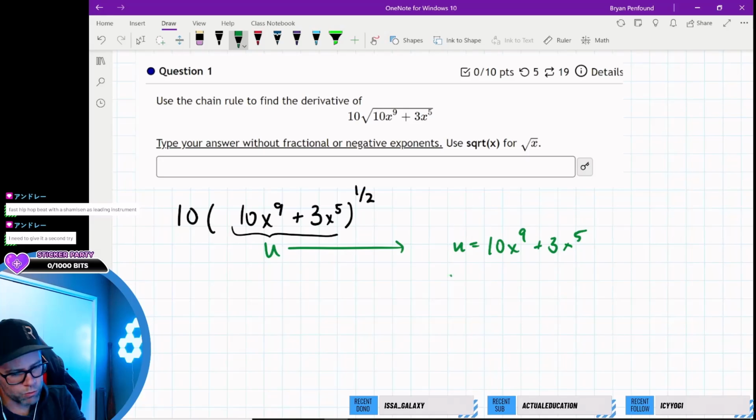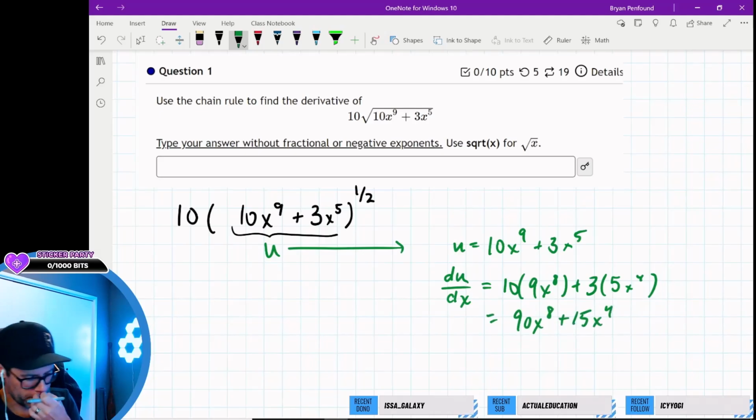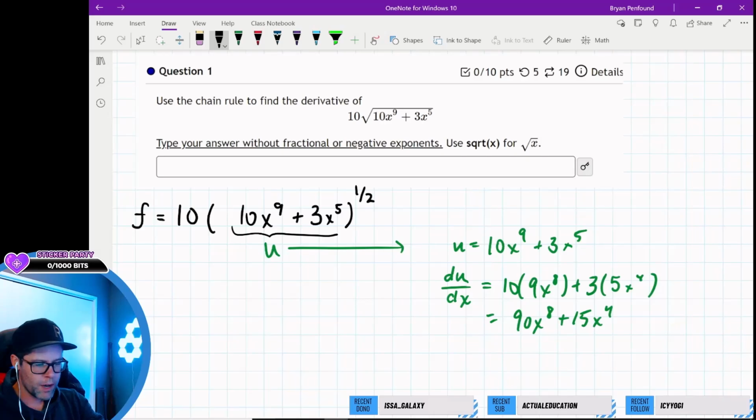And we know the derivative of u with respect to x is going to be 10 times 9x to the 8 plus 3 times 5x to the 4, or 90x to the 8 plus 15x to the 4. So we have the derivative of u.